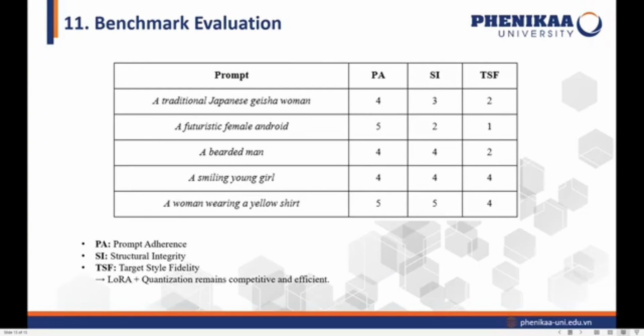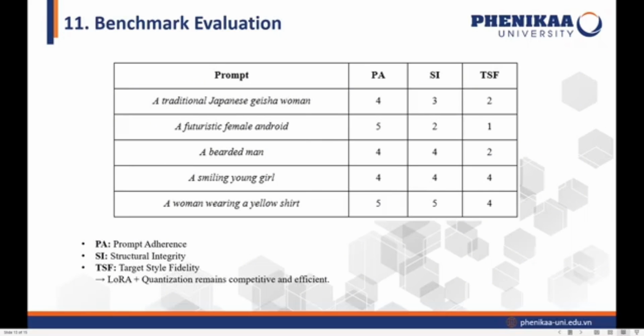I also evaluated the model with three metrics: PA, prompt adherence; SI, structural integrity; and TSF, the target style fidelity.